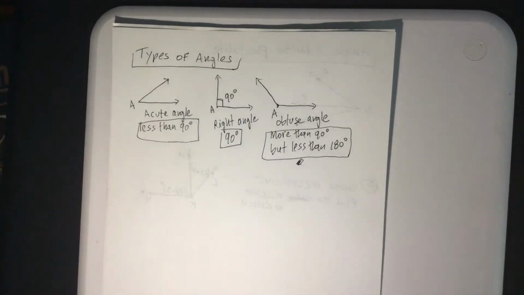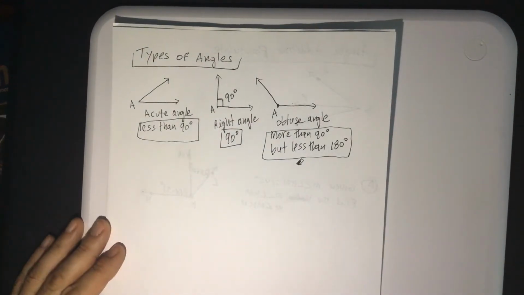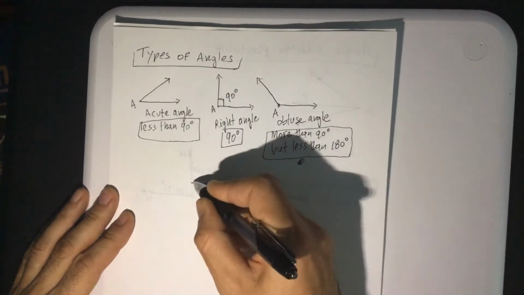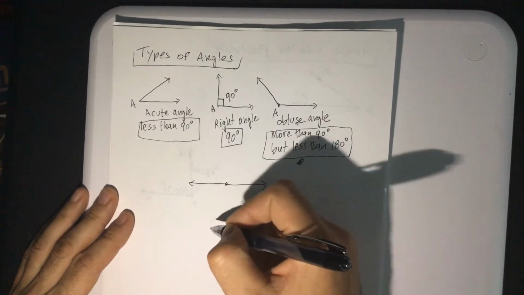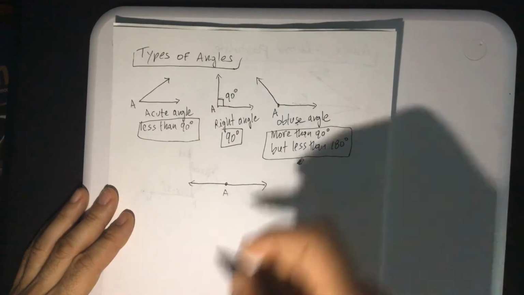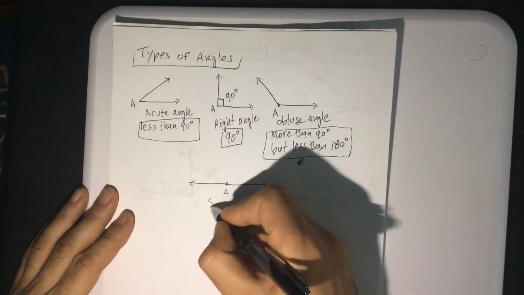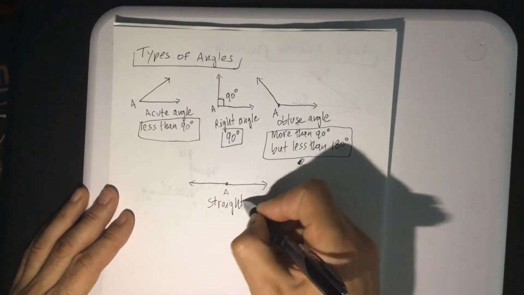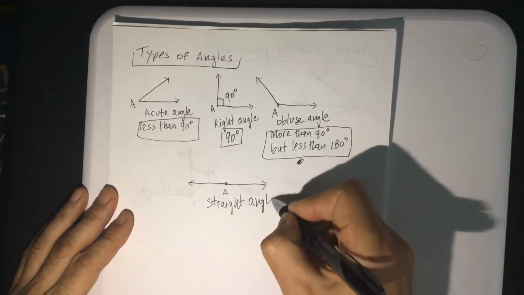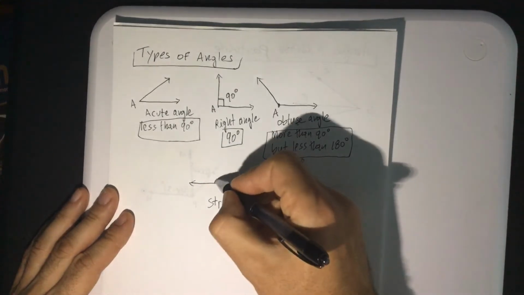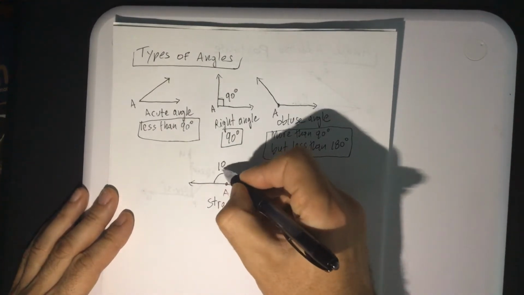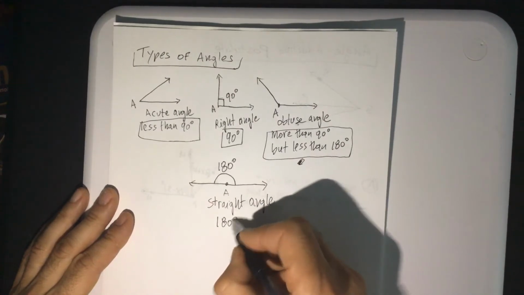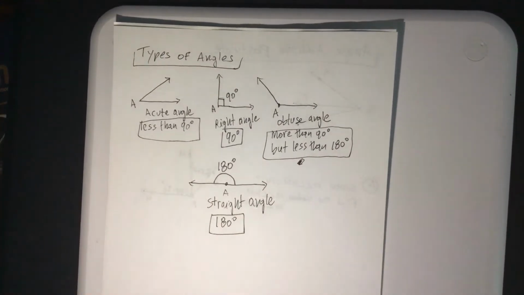And the last one that we're going to be talking about today is what we call a straight angle. An angle like this. Let's call it straight because it's a straight line angle, and that's an angle equal to 180 degrees.